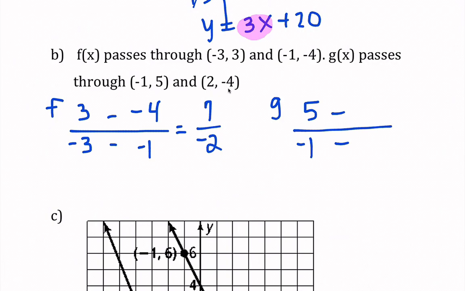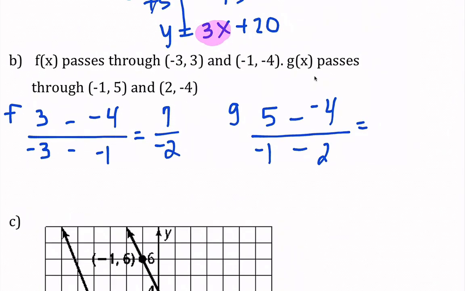Next point, the y rises, so the negative 4 has to go on top, and this 2 has to drop below it. Okay, so on the top, I'm going to get a positive 9. On the bottom, I'm going to get a negative 3, and that simplifies. 9 divided by negative 3 is a negative 3.